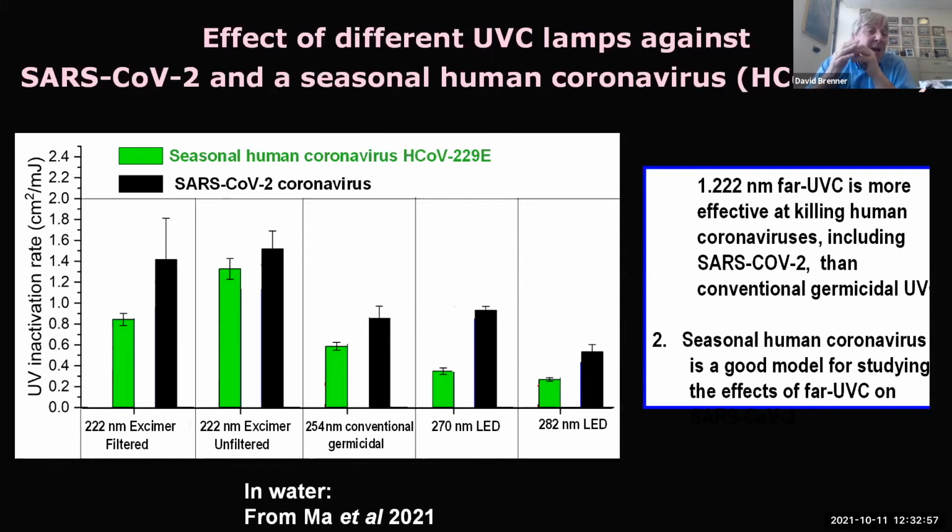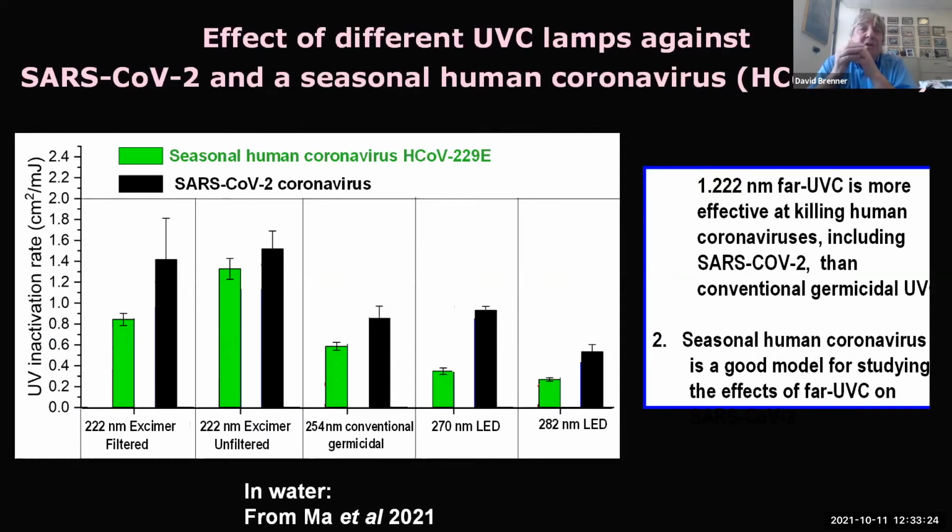So this was actually a paper published very recently, comparing different coronaviruses in terms of their effectiveness with different lamps. So there's a couple of LED lamps here. Here's the conventional 254 nanometer light. And here is the conventional 222 excimer lamp, both filtered and unfiltered.